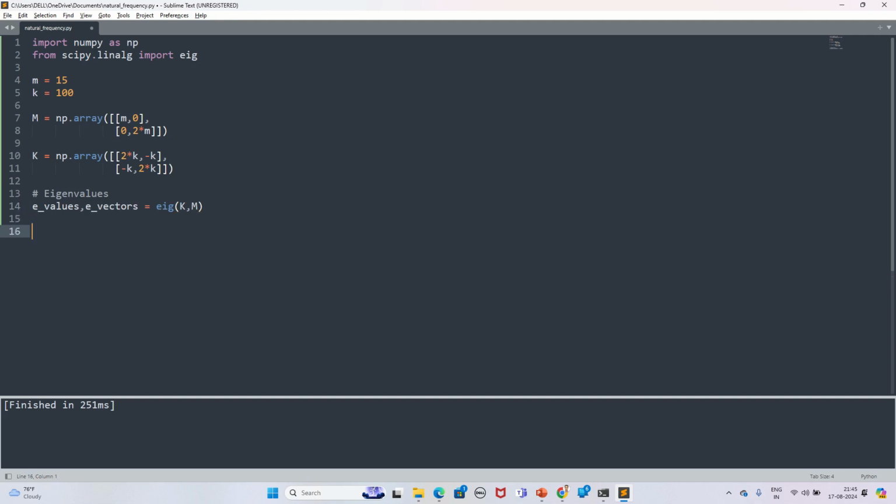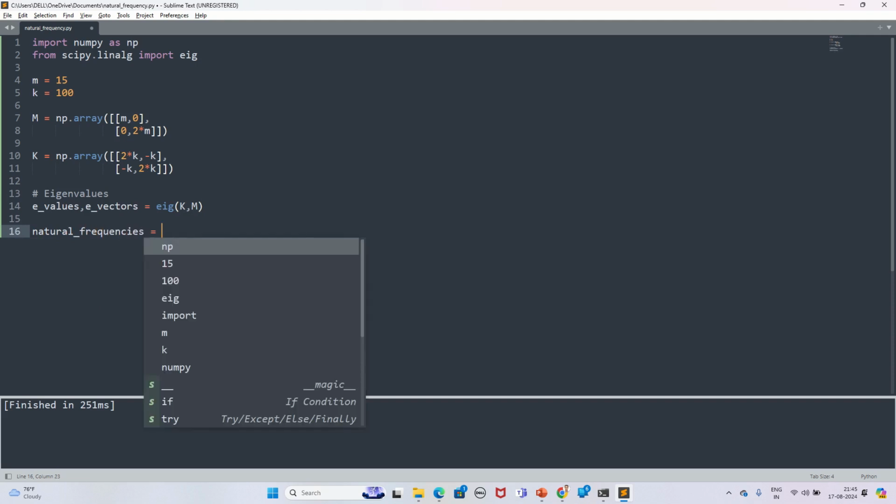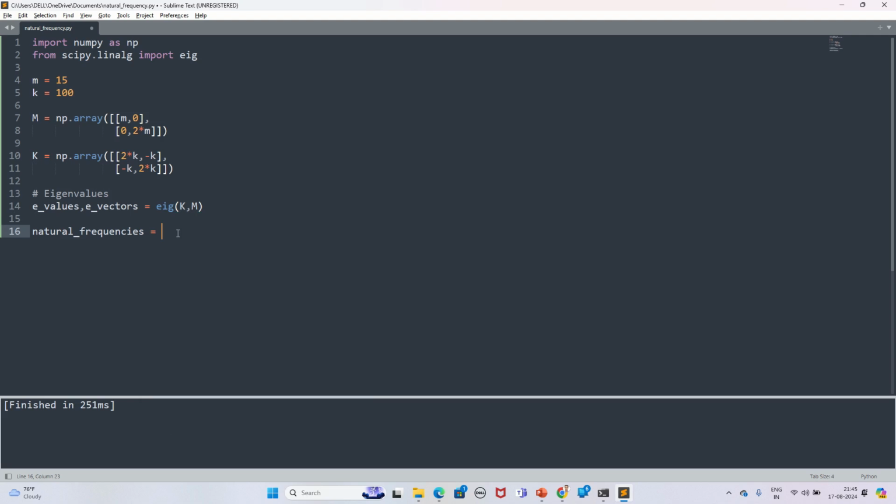Then the natural frequencies are equal to the square root of the eigenvalues. So np.sqrt of, and since sometimes eigenvalues can be complex, we have to take only the real part of the complex number.